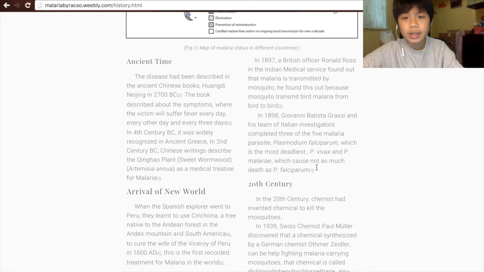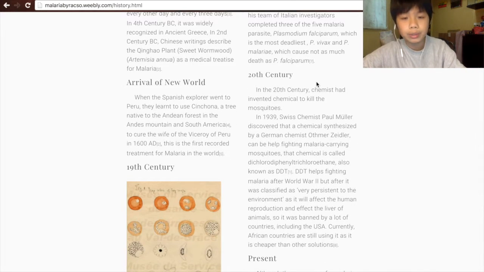In the 20th century, chemists invented chemicals to kill mosquitoes.